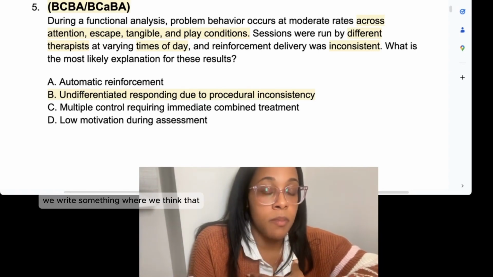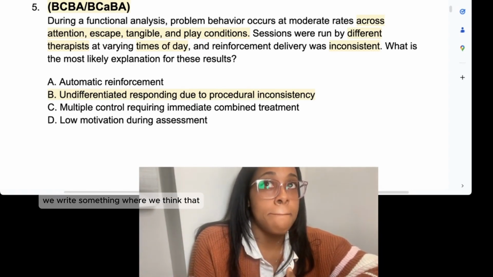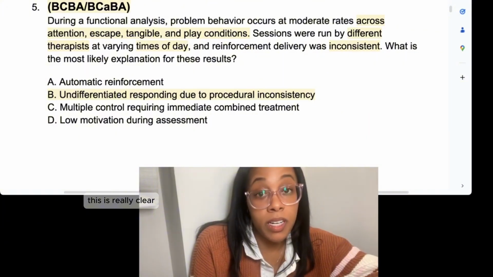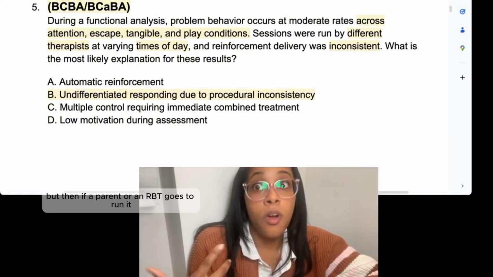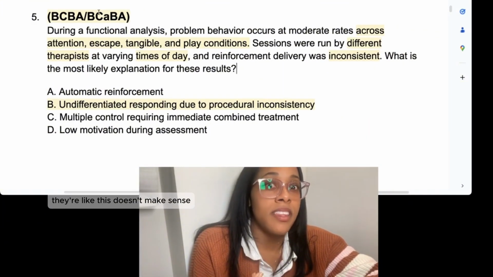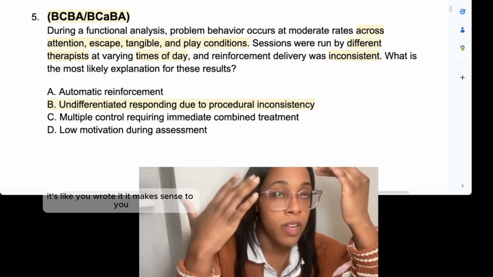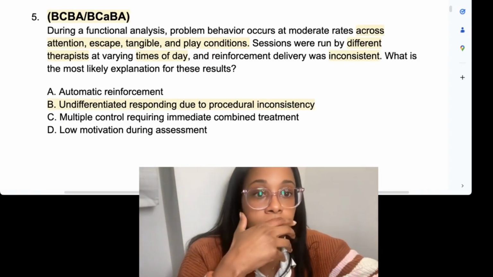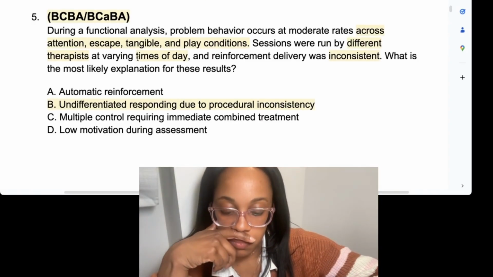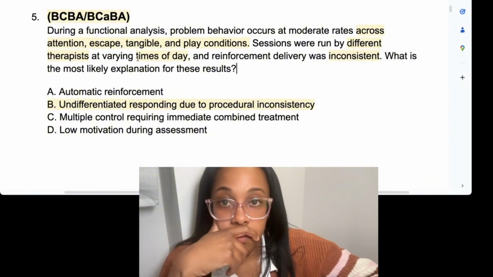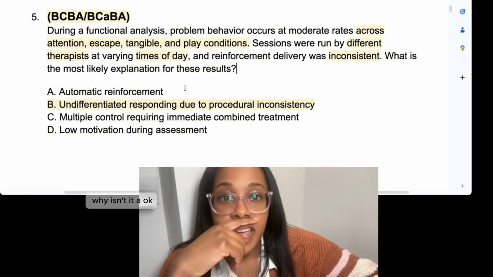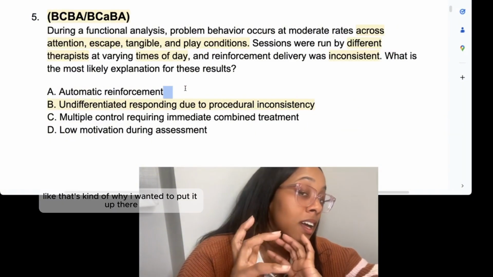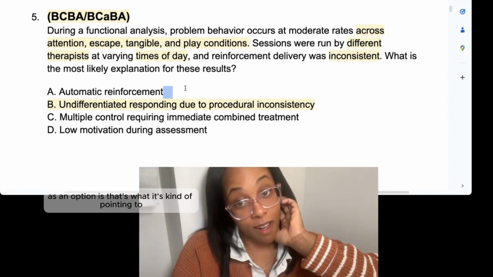Sometimes we write something where we think it's really clear, but then a parent or an RBT goes to run it and they're like, this doesn't make sense. You wrote it, so it makes sense to you. Why isn't it A? That's kind of why I wanted to put it up there as an option.